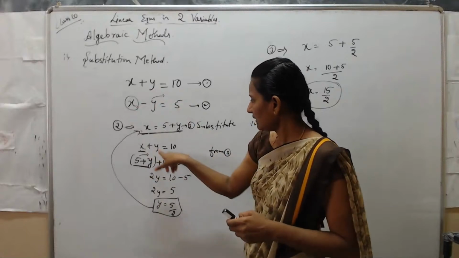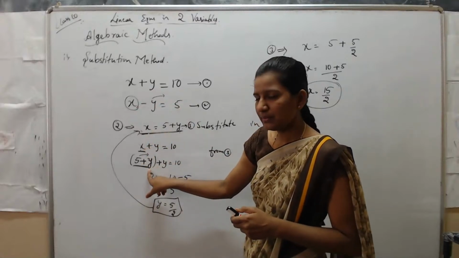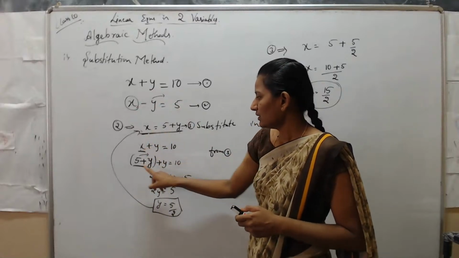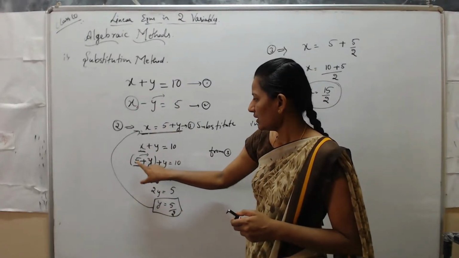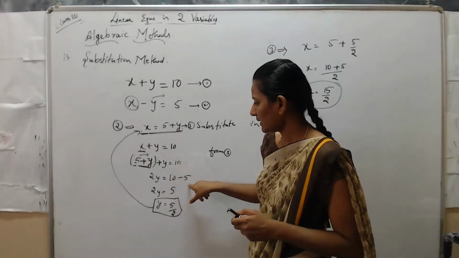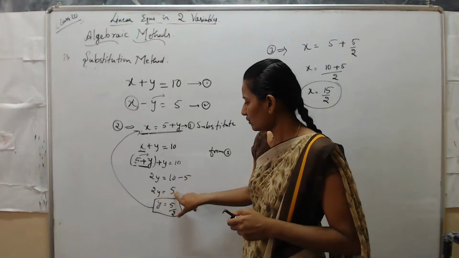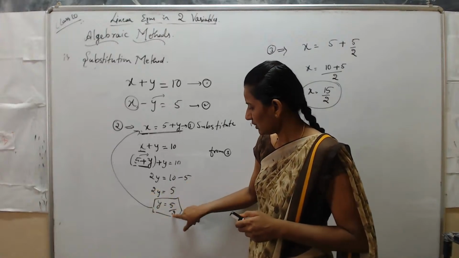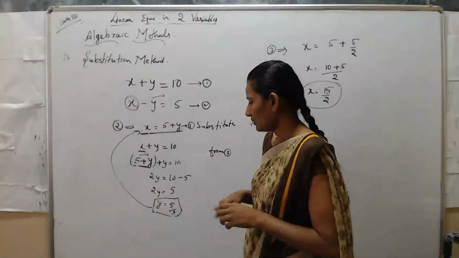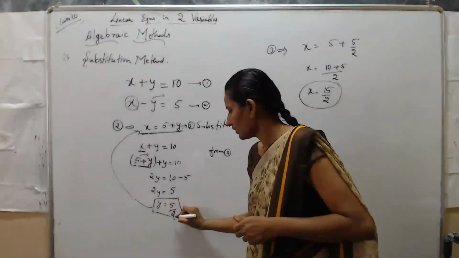From equation 3, what is x? 5 plus y. Plus y is equal to 10. So y plus y is 2y. Plus 5 comes to the right side, it becomes minus 5. 10 minus 5 is 5, and y is equal to 5 by 2.